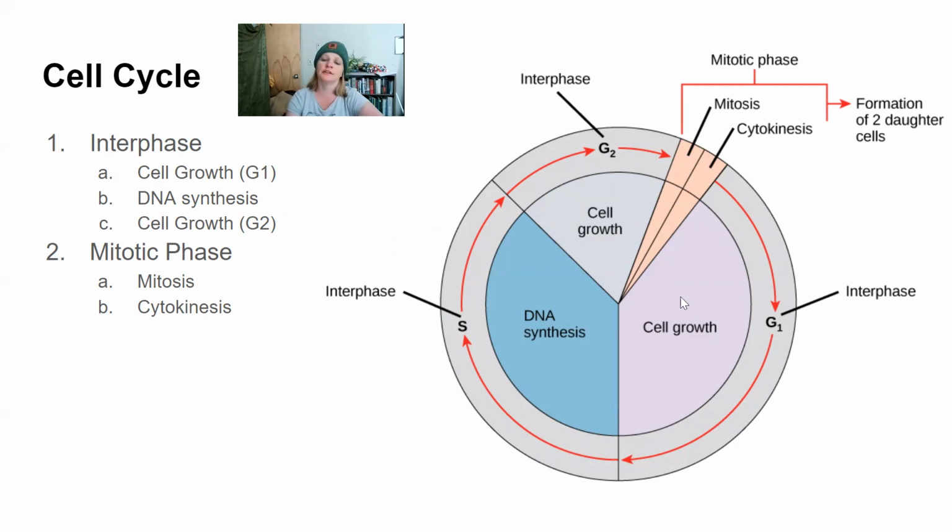If we look at this pie chart and think of it as a clock, the majority of a cell's life is spent in interphase. Interphase is all of this gray area, and just a little bit of the cell's life is spent in the mitotic phase.